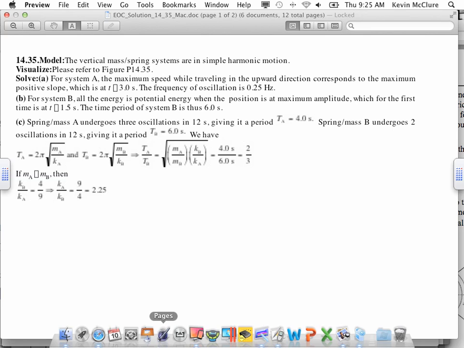So for part C, basically they're using the period equation, right? Because we can find the period for both, and then we plug it in. Right, so here they have the period of mass A is this, period of mass B is this, and then by doing the ratio of the periods, we can get. Was mass A and mass B equal? Oh, okay. Yeah, that makes life easy. So just a little bit of algebra. Questions on that one?